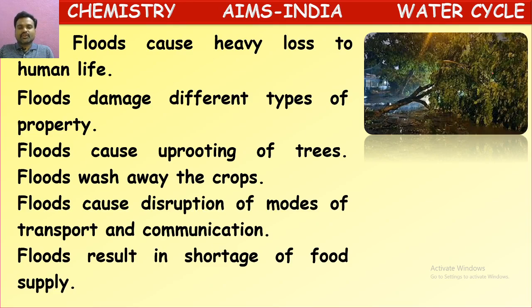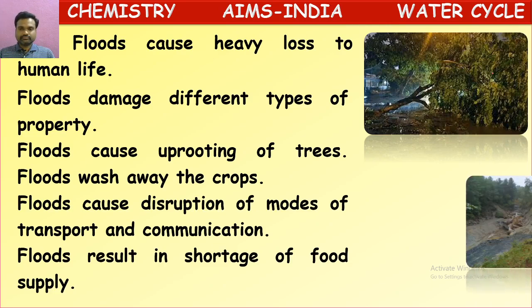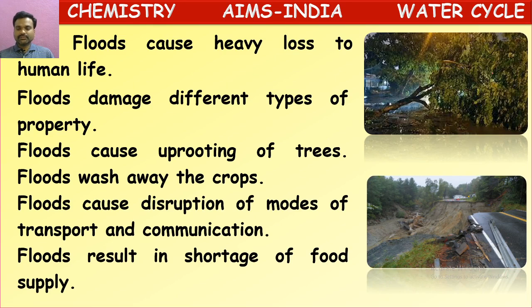Floods result in shortage of food supply also. Yes, as there is no communication between the villages and there is no transportation, food won't be supplied from one place to another. So a shortage of food will result from these floods. See here, we can observe how this road got damaged.